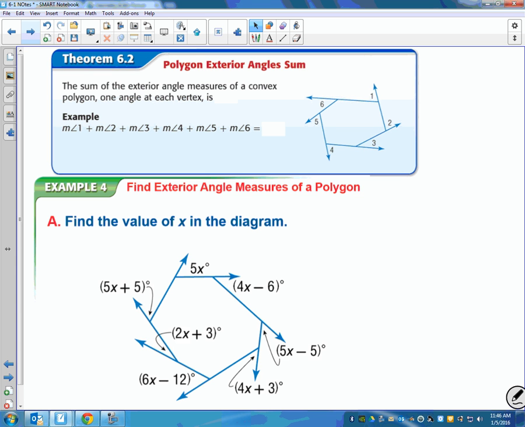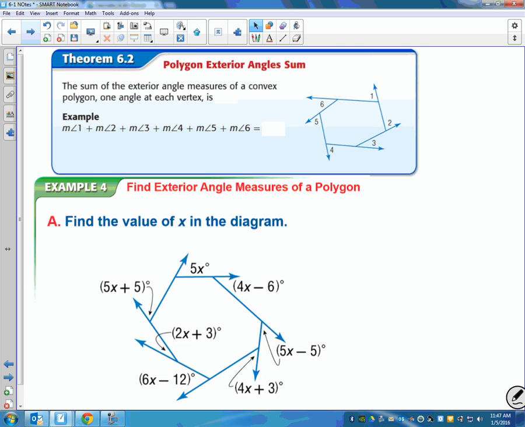The last thing here is, what about the exterior angles of a polygon? What's kind of cool is the interior angles differ. Each polygon has a different sum of interior angles. But the exterior angles, if you have a convex polygon, you have to extend the sides to make an exterior angle.